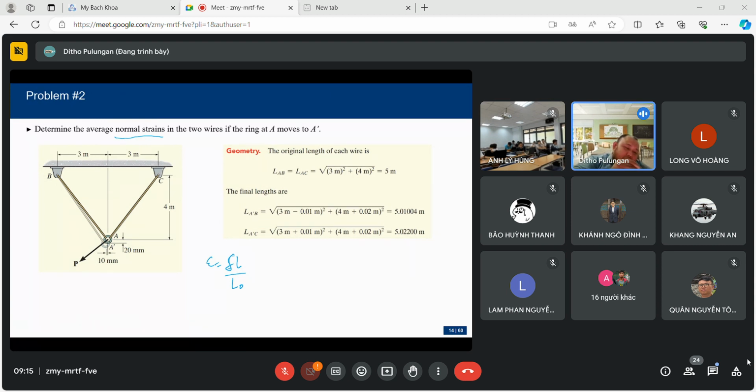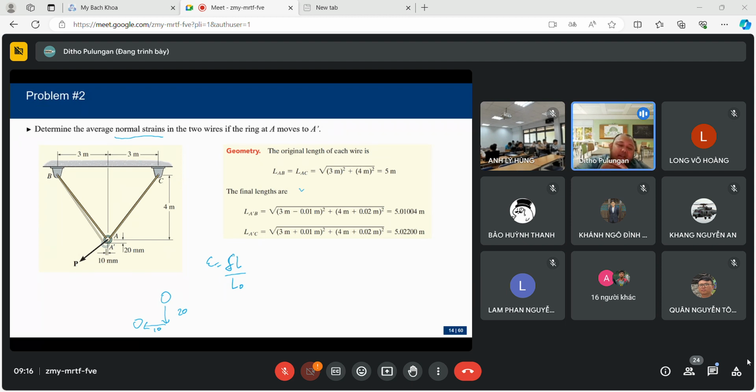It's the distance from C to A. Since this is 4, this is 3, the initial length is 5 for both of them, right? And then the final length, how to calculate the final length? The length after deformation. Since this guy moves from here to here, this is 20, this is 10, all right?